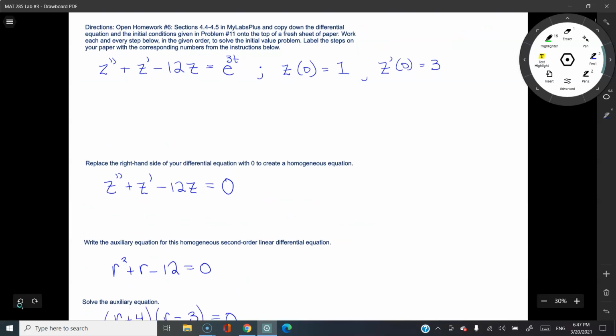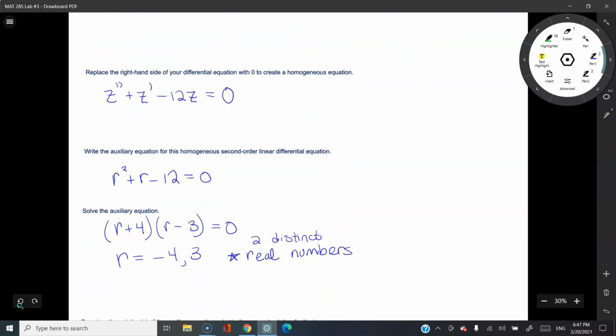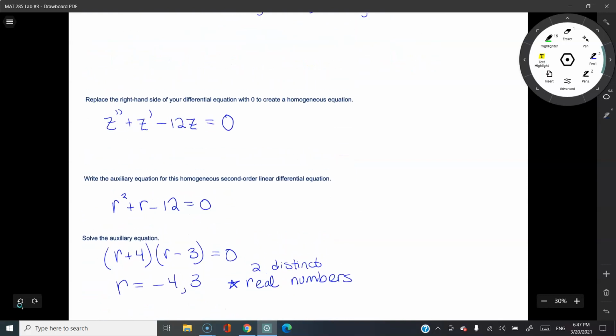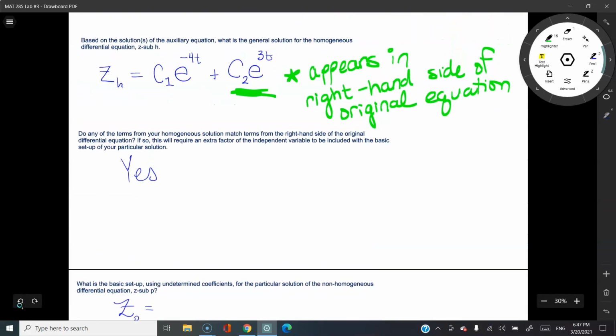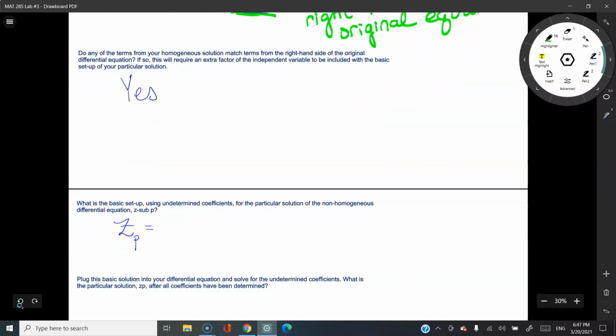Because our original right-hand side of the equation was an exponential function, our basic setup for z sub p is also going to be an exponential function. However, that exact same exponential piece appeared in the homogeneous solution.